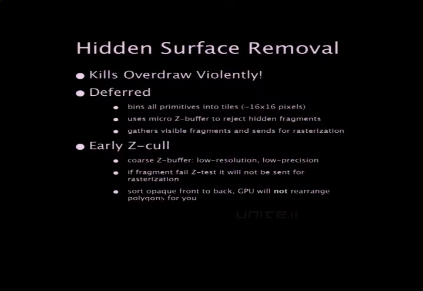So, of course, the people who are working on those GPUs think hard about how to overcome that problem. Here I have two types of solutions for reducing the overdraw inside the GPU.